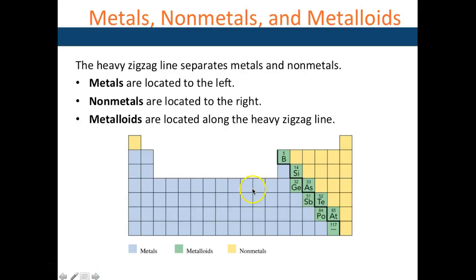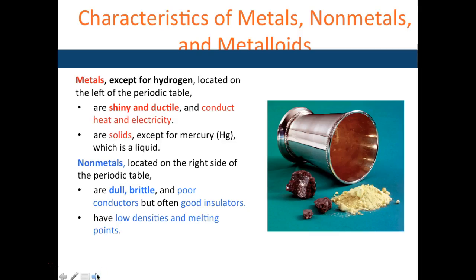Okay, so metals are on the left side, non-metals on the right side, and then you have the zigzag line where the metalloids are located. Some of the characteristics of metals are that they're shiny. Malleability is hammering and shaping them.